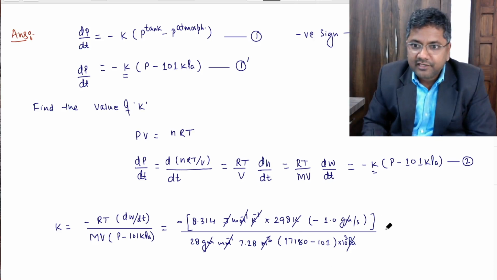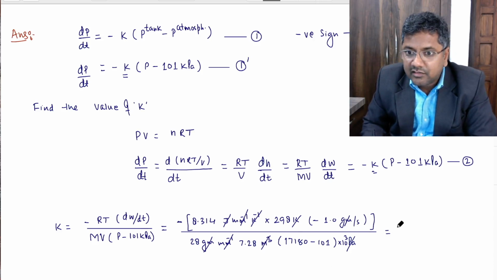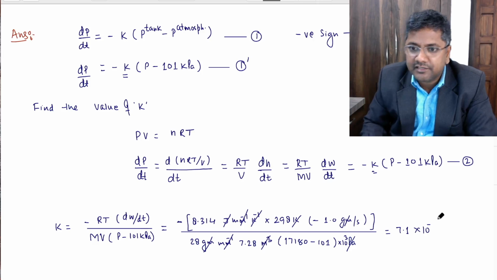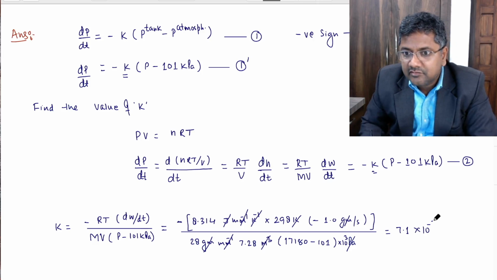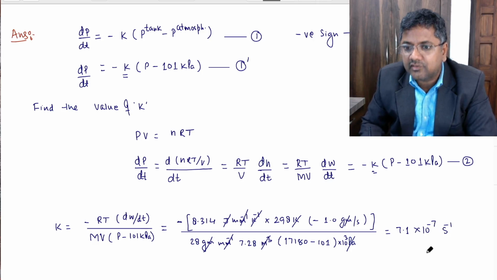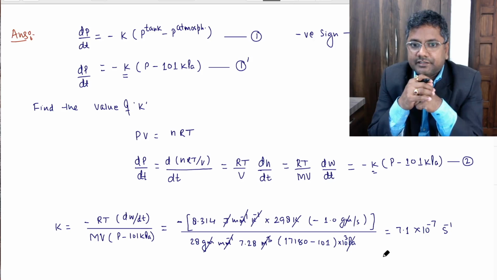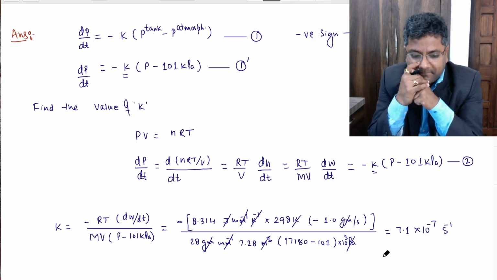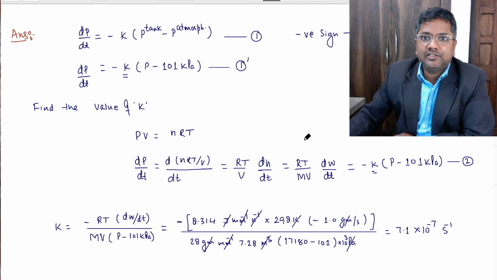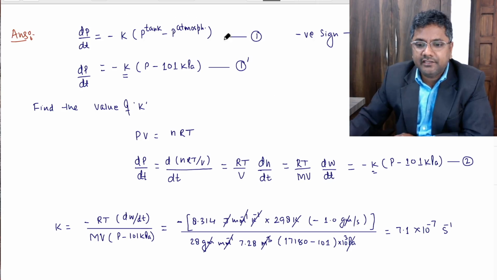What is the value of this? If you solve this, you will get 7.1 times 10 to the power minus 7 second inverse, right? So we have calculated this value of K. Very simple, right? Now again we can use this equation and integrate it.